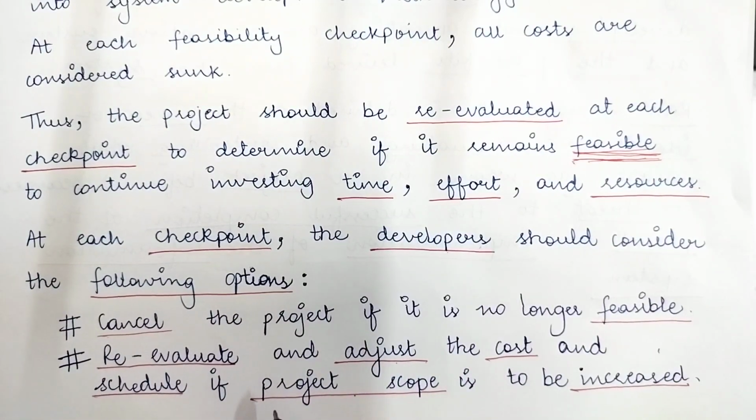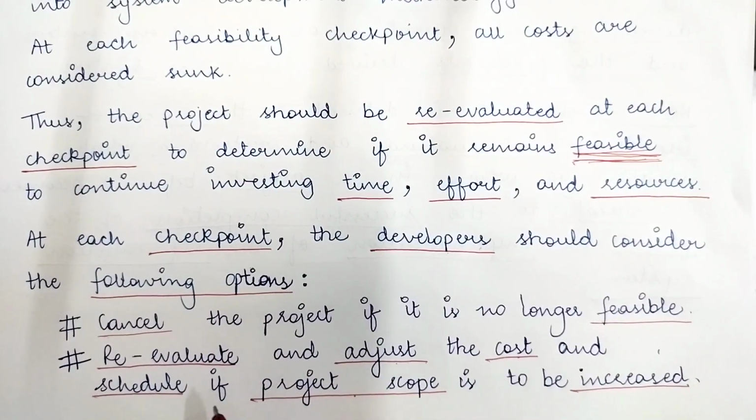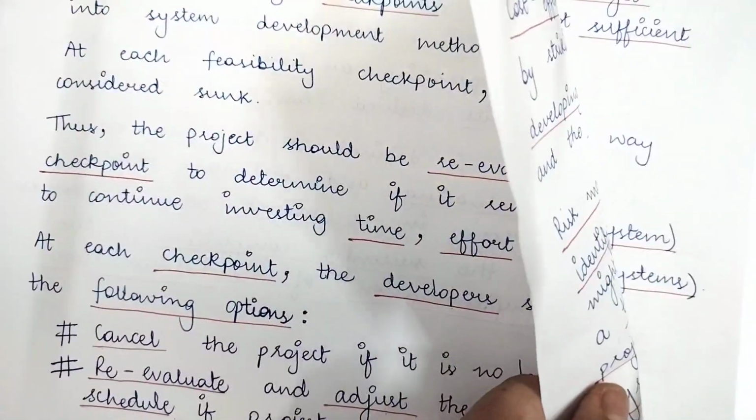That means you will either put in more money and time, or you will try to fulfill all those increased scope requirements with the same amount of cost but more time. So you have to adjust the things accordingly, and adjust the cost and schedule if the project scope is to be increased.